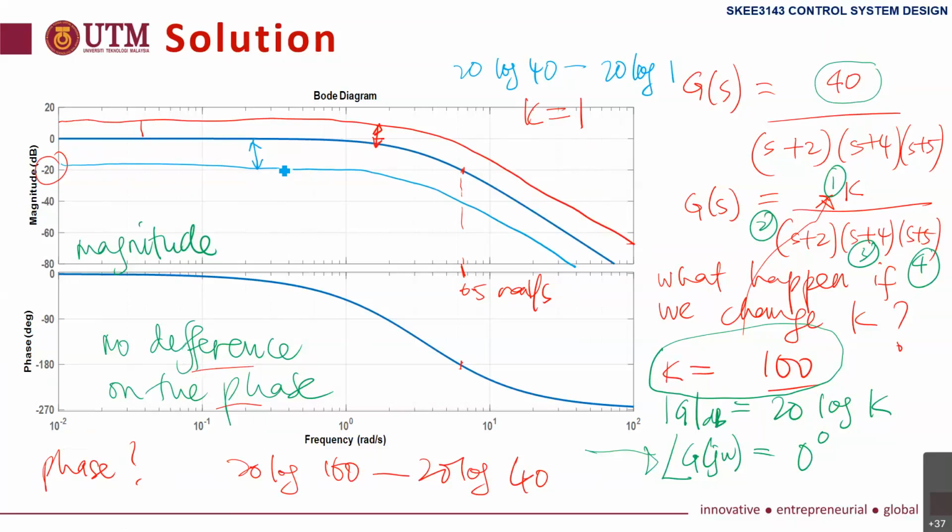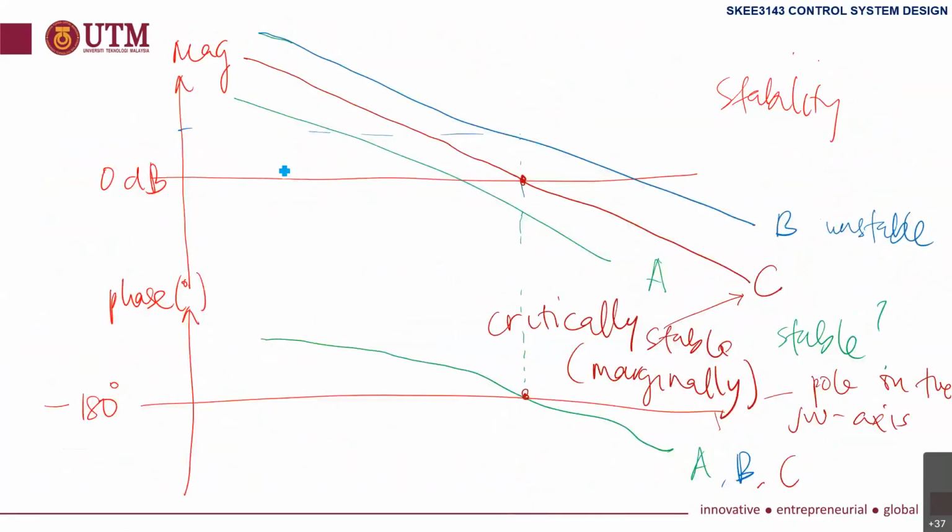It can be like this. This is a certain K, another K, but the phase is the same. So perhaps initially like this, then it can increase up here and also it can reduce.